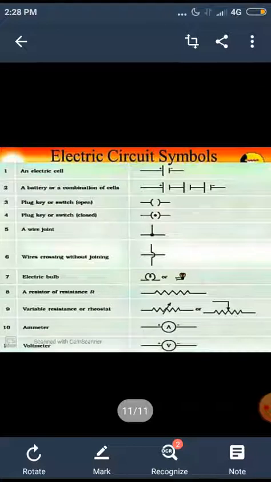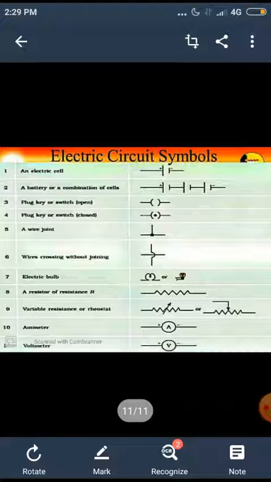Now you can see a tabular form with the various components that we have learned now and their symbols. You can quickly recall them once. The first one is an electric cell, and the second is that of a battery.